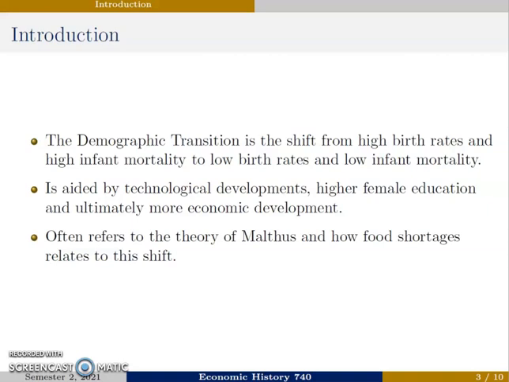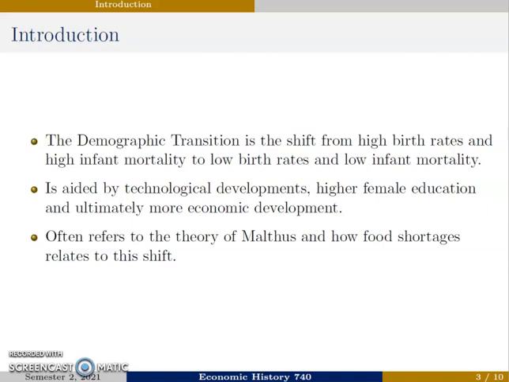In a lot of these articles, you'll see there's talk about wealth, wages, and how these all interrelate with each other. You'll also often see reference to the theory of Malthus, who predicted how food shortages relate to this demographic transition.